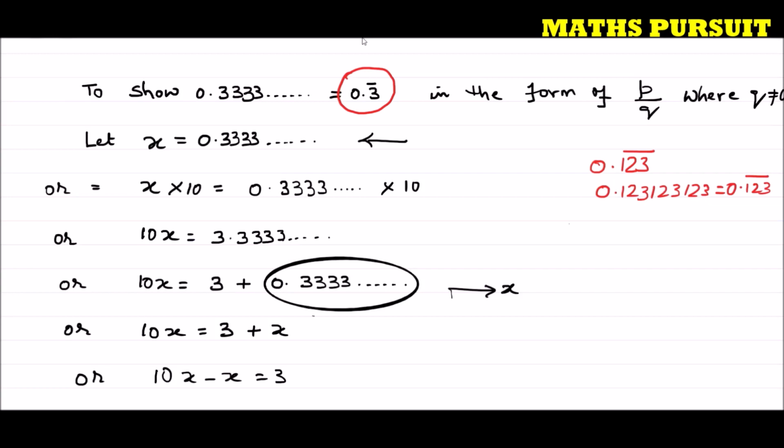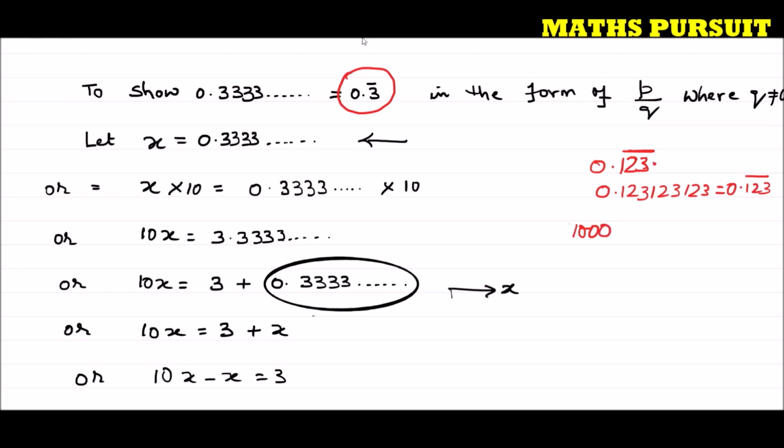So in this case we would have multiplied 1000, so that we can move this decimal up to after 3 digits. So in order to move the decimal after 3 digits, we need to multiply 1000 in this case.